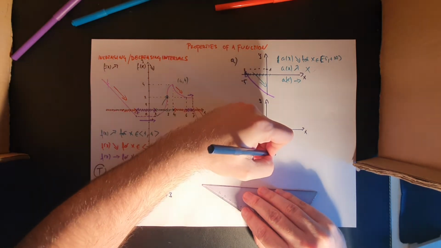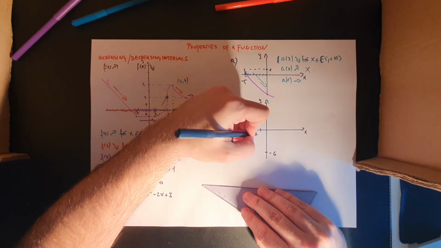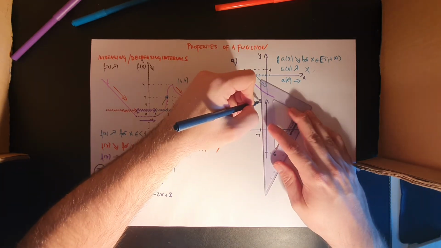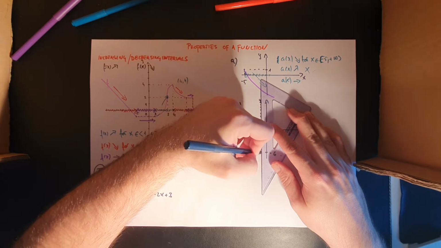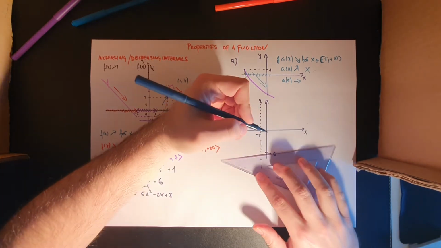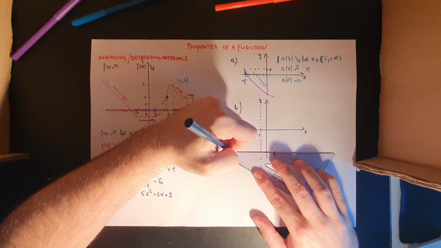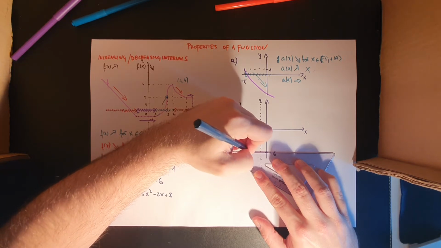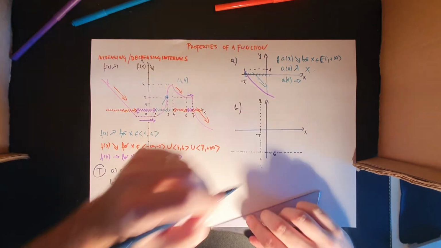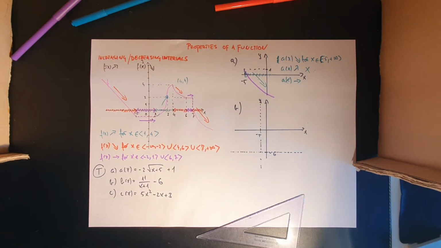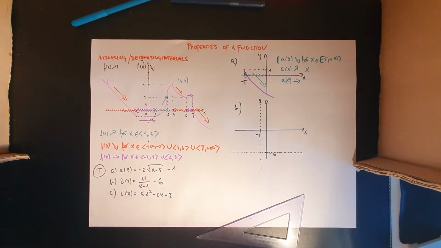Let's say here is -6 and here is -1. Now I'm going to sketch the asymptotes. I just want to be as precise as possible. Here we go. And now I can sketch the hyperbola.